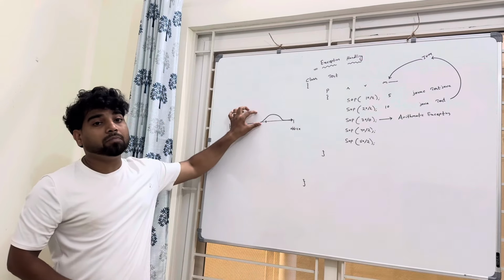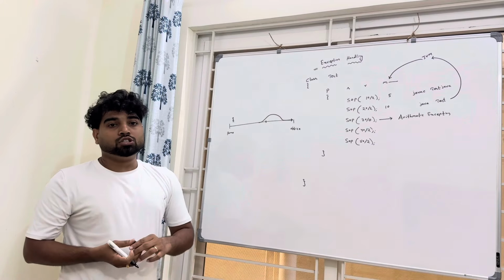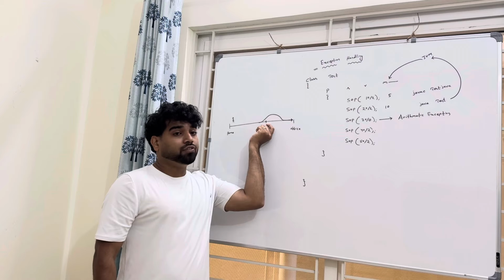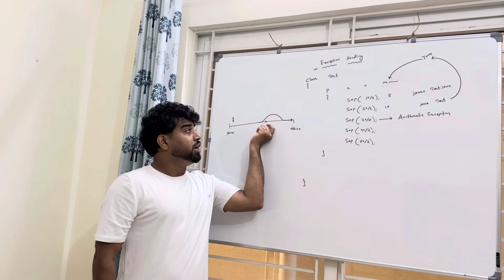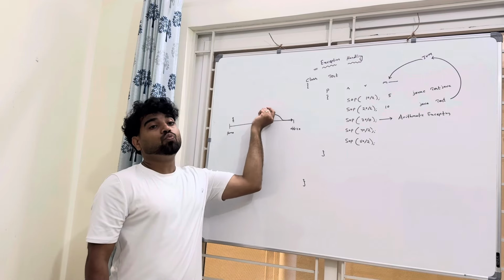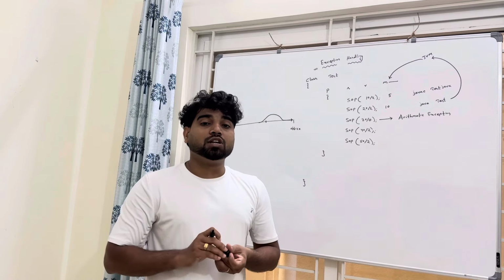You will find another bypass road to continue your journey itself. So that is nothing but exception handling. If you face some exception, instead of coming back to home, you will find another way of going to the office. So that is nothing but exception handling.